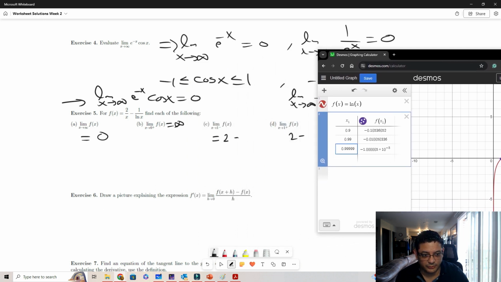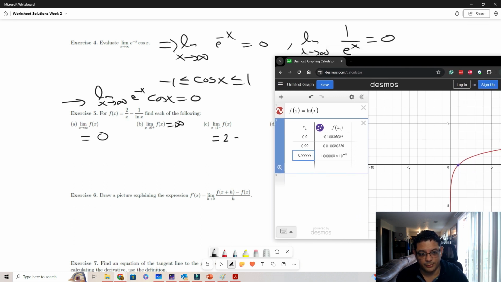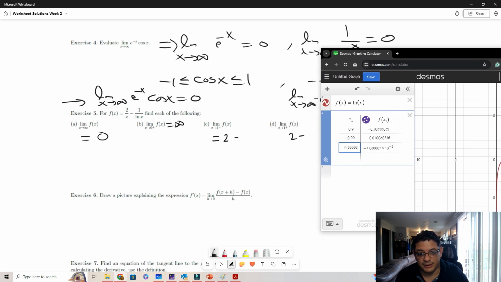They start increasing to large numbers, but to very small numbers, very close to 0. So when approaching 1, we're approaching 0, and this is being negative. Notice that when we're approaching by the left side, this is a negative number that is approaching 0. So this being a negative number, this means that 1 over log of x goes to minus infinity.